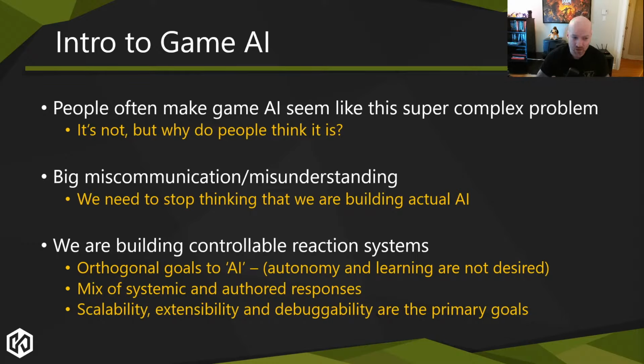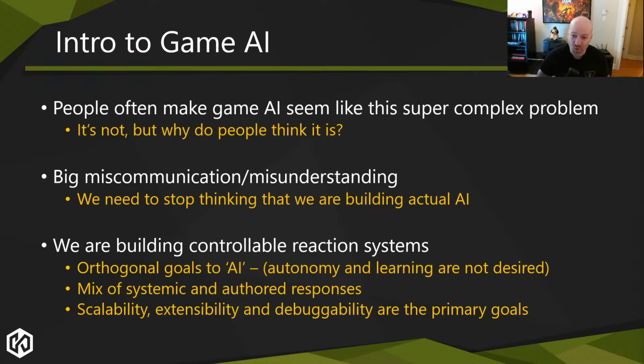We have very orthogonal goals, and fundamentally what we need is systemic and controllable responses. And we need to focus on scalability, extensibility, and debuggability. I want to add controllability there, in terms of the people that are going to be using the systems, designers and gameplay programmers. They need to be able to control what happens in a very explicit and simplistic manner, and they need to be able to adjust this to the needs of the game as the game evolves over development.